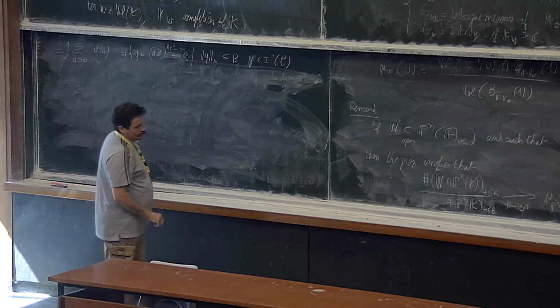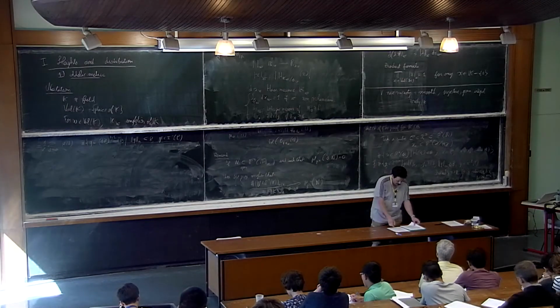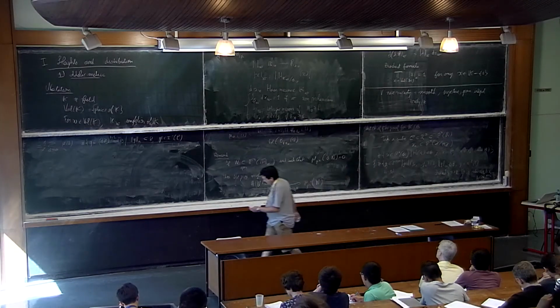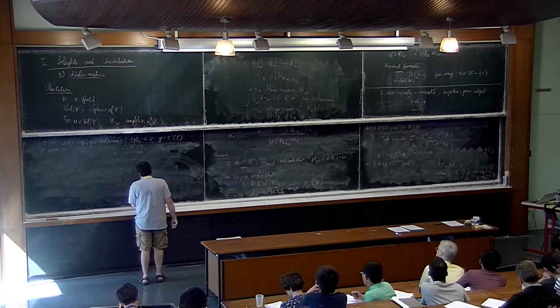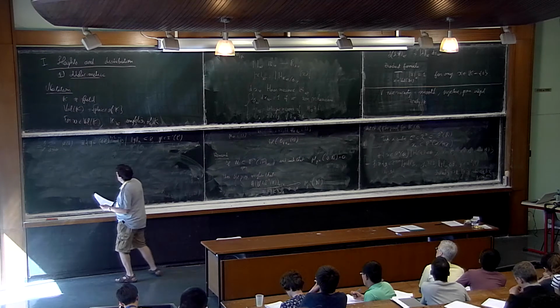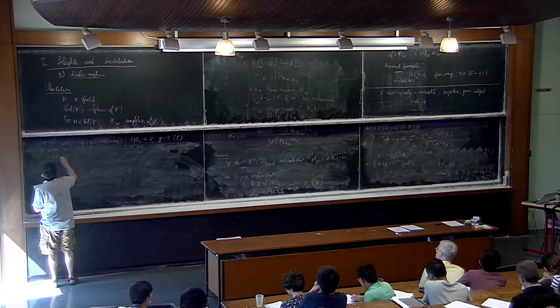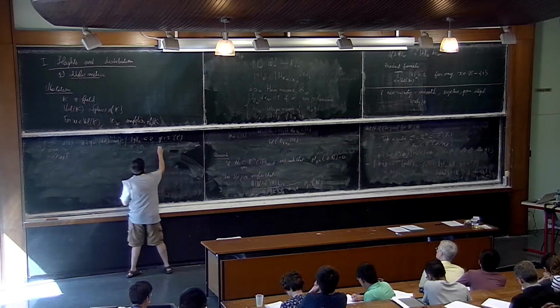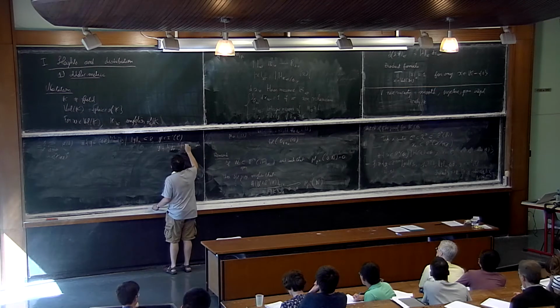Let me take my notes because I'm going too slowly. I should take the sum over lambda in (Z/mZ)* of y congruent to lambda times y naught modulo m.